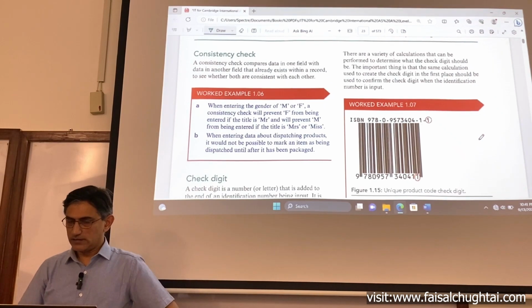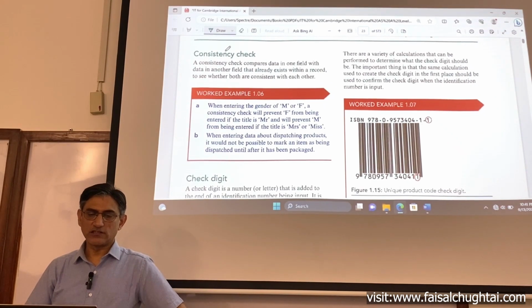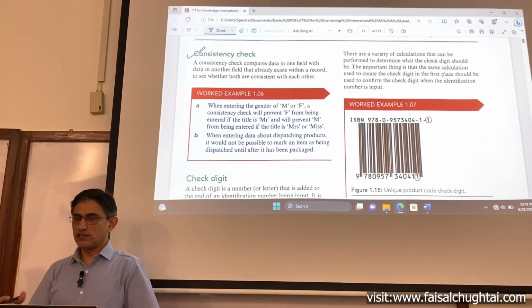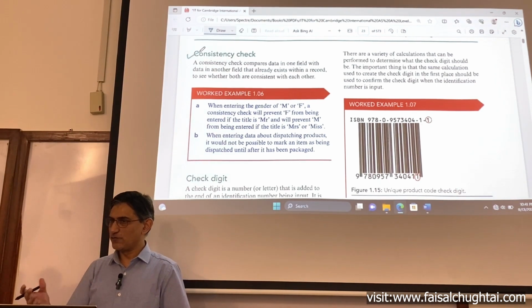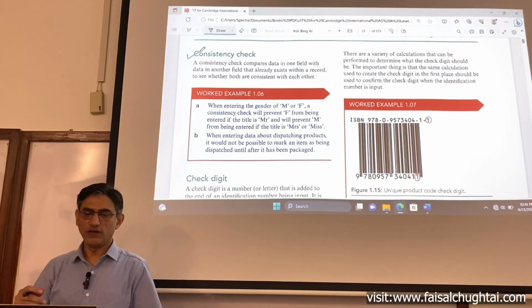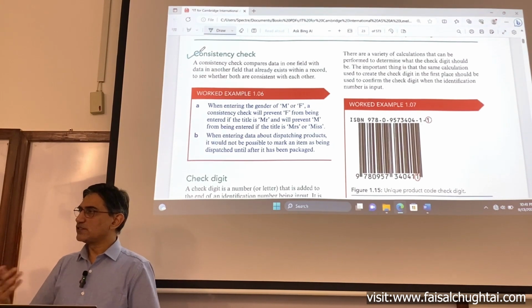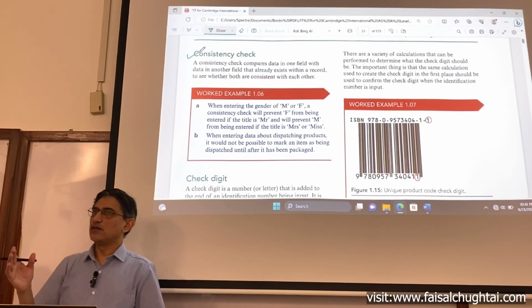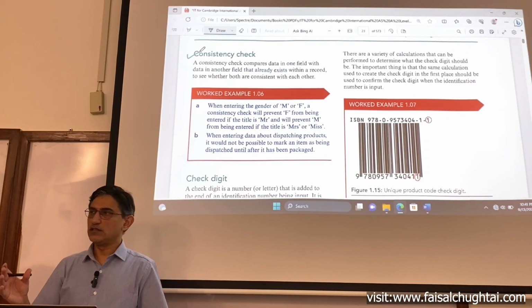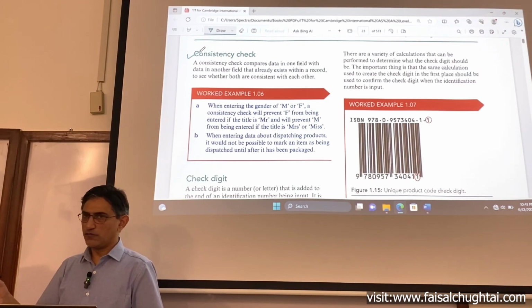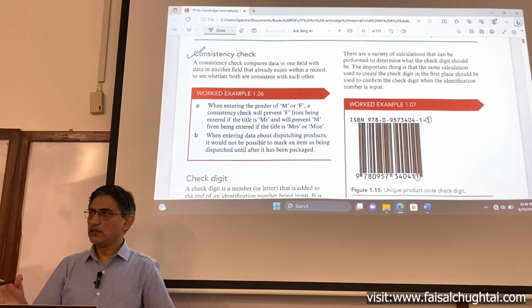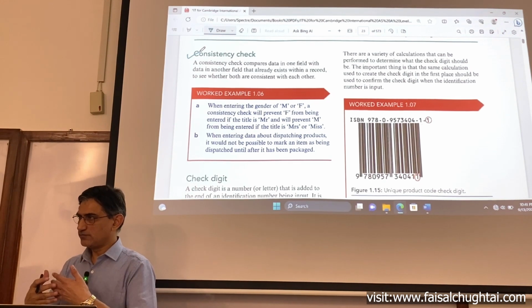The next check is the consistency check. This is a type of check that is a little different from the ones that we have discussed so far. How does a consistency check work? A consistency check works on the logic of how certain data items are related.